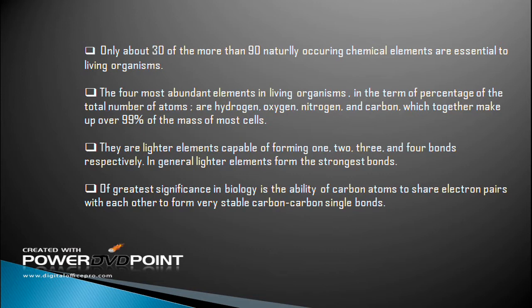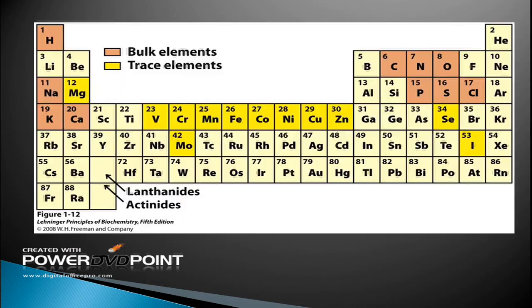These are the lighter elements which are capable of forming 1, 2, 3 and 4 bonds respectively. And in general, lighter elements form the strongest bonds. Of greatest significance in biology is the ability of carbon atoms to share electron pairs with each other to form very stable carbon-carbon single bonds.